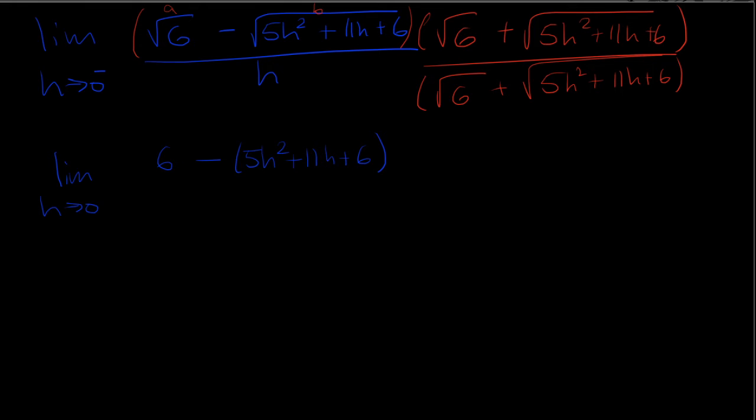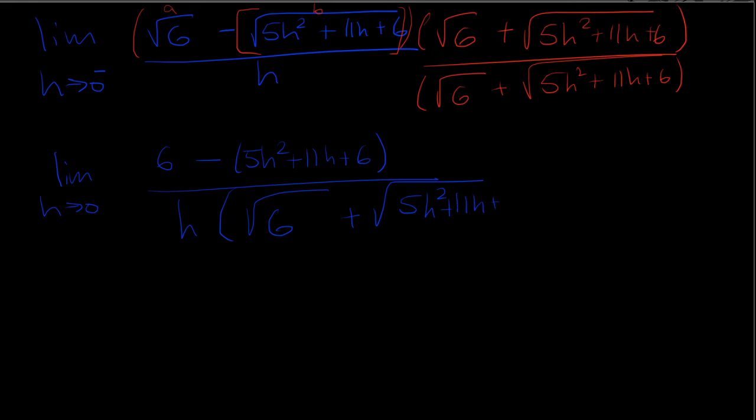And here we have to be very careful to put the parentheses around there, because b does not involve the negative. B is only the square root part. So you're squaring only the square root part, with the minus being outside of that. Okay, over h times the square root of 6 plus the square root of 5h squared plus 11h plus 6.